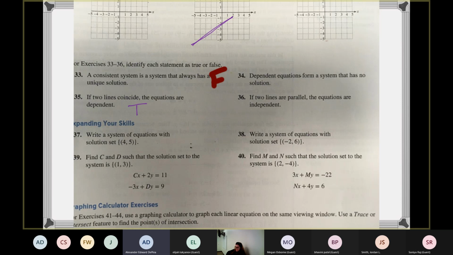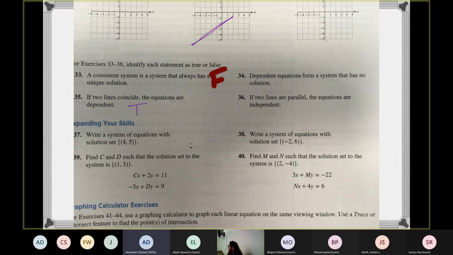Okay, 34. Dependent equations form a system that has no solution. 34. Dependent equations form a system that has no solution. Okay, 34. True or false? Dependent equations form a system that has no solution.